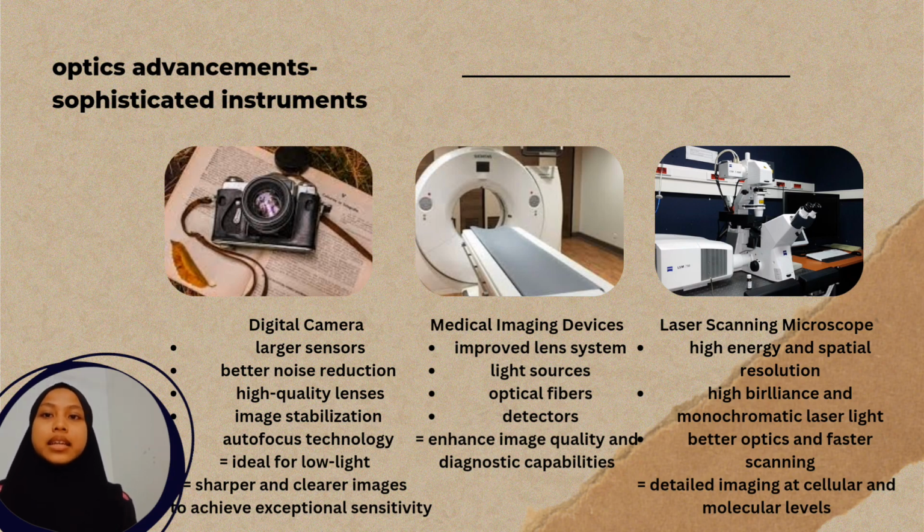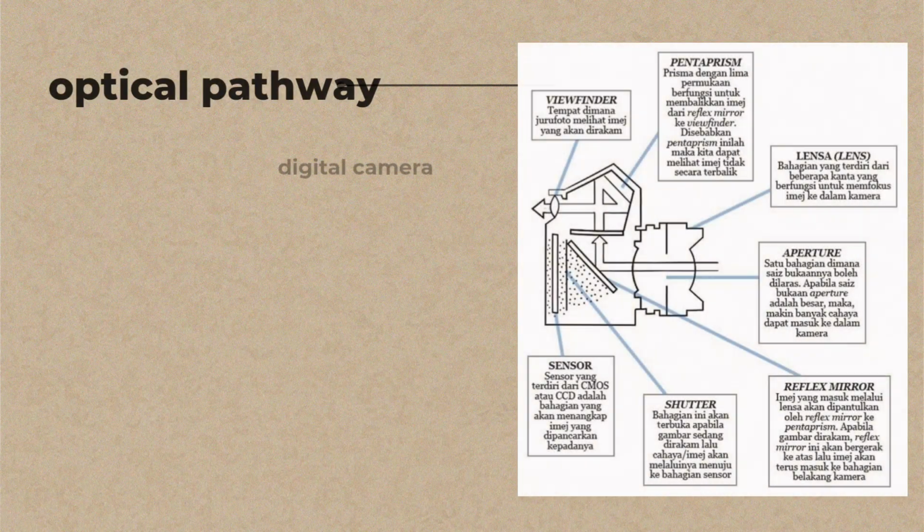And lastly, laser scanning microscopes is equipped with high energy and spatial resolution, high brilliance and monochromatically of laser light and better optics. And faster scanning membolehkan these laser scanning microscopes allows us to see detailed image at cellular and molecular level secara jelas.